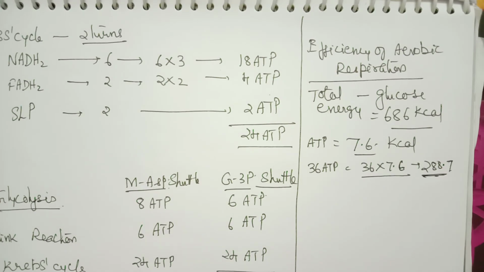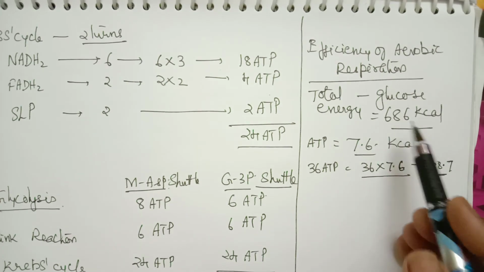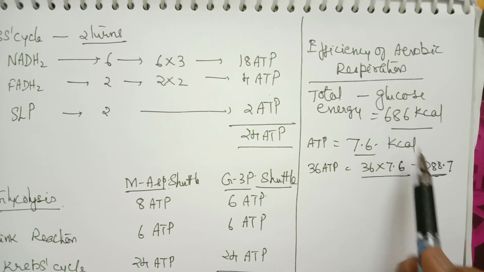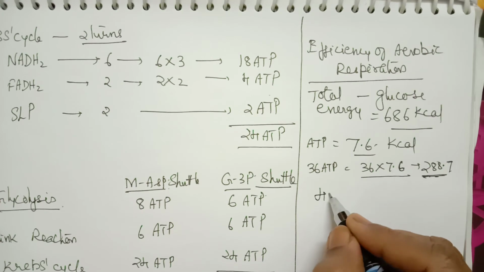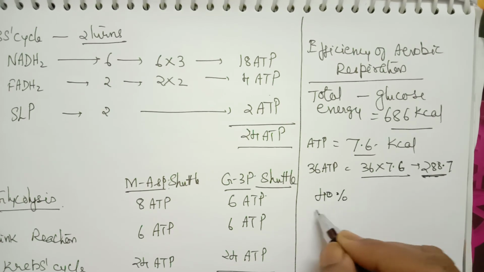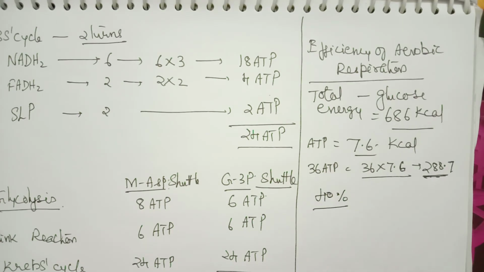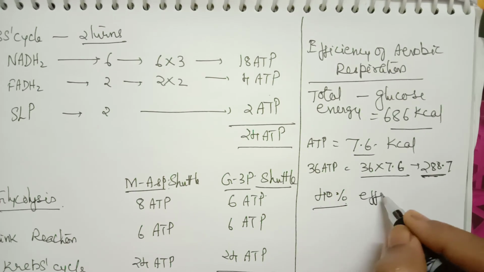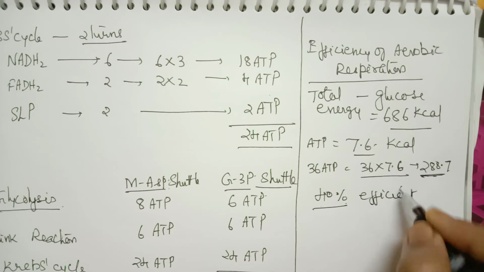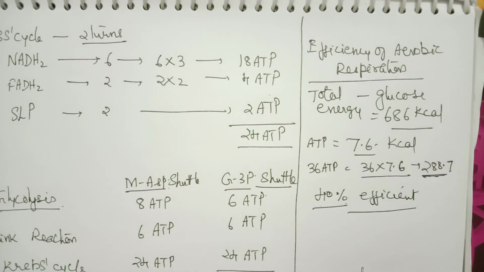Now, if we calculate the percentage of 288 out of 686, we get approximately 40%. So that means aerobic respiration is only 40% efficient.